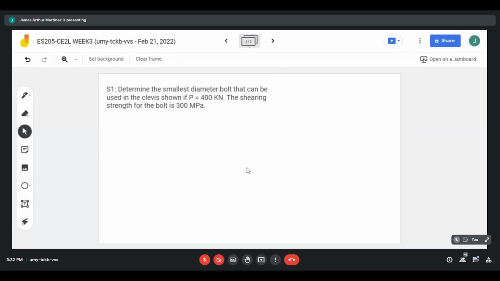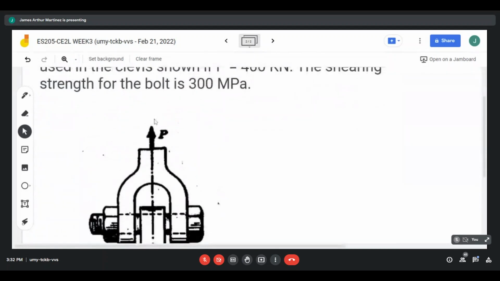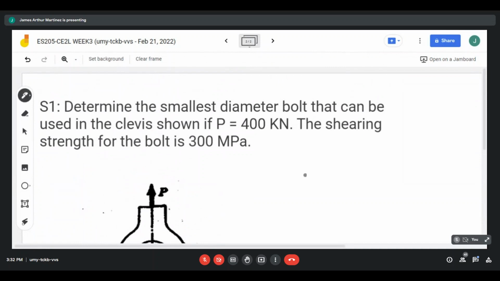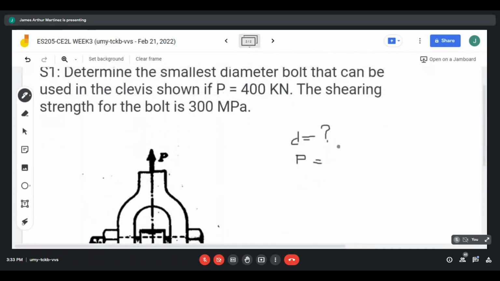Okay. So ang figure is clevis, katong double shear. So ang gipangita sa atong problem is the diameter of the bolt nga pwede natong gamiton for this clevis with applied force P equal to 400 kilonewton.